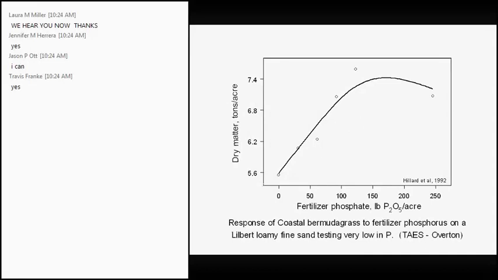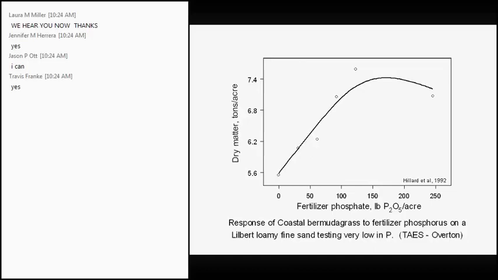This gives you an example of how we determine the soil test recommendations. We look at the dry matter yield, and what we want to happen is that the curve you see here curves over, because this breaking point right here is where our soil test recommendation should be for the yield goal that we're trying to reach.